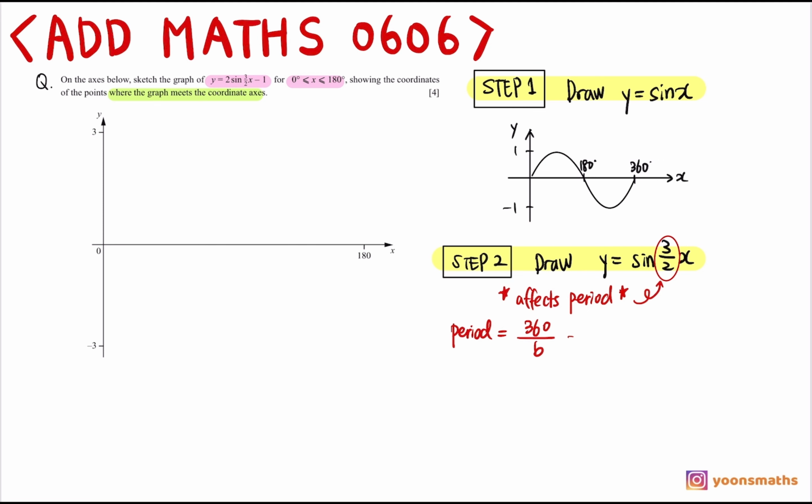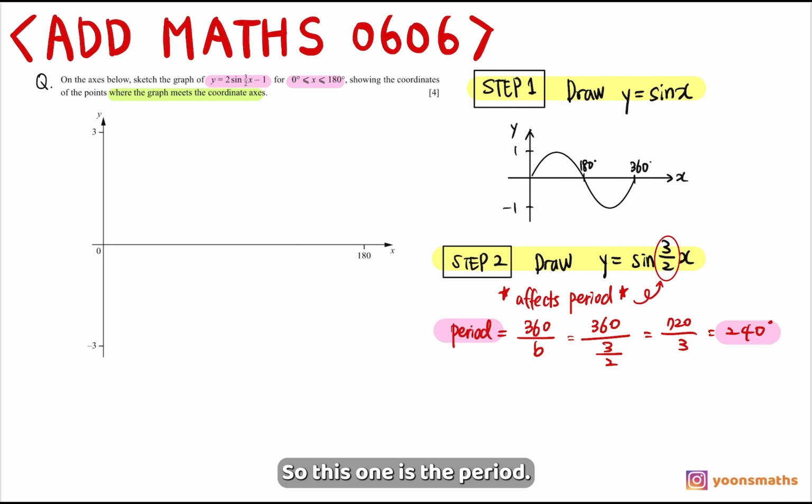In this case, we input 3 over 2 to the b. Then we're going to get 240 degrees for the period. So this one is the period.